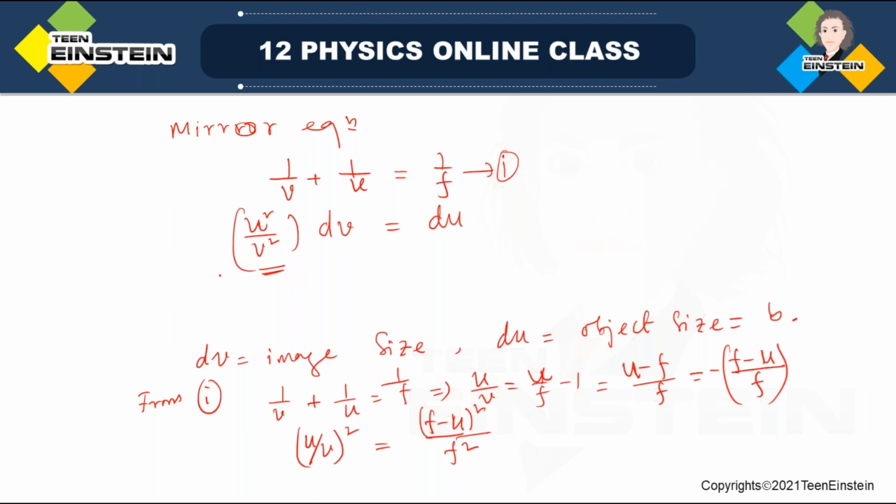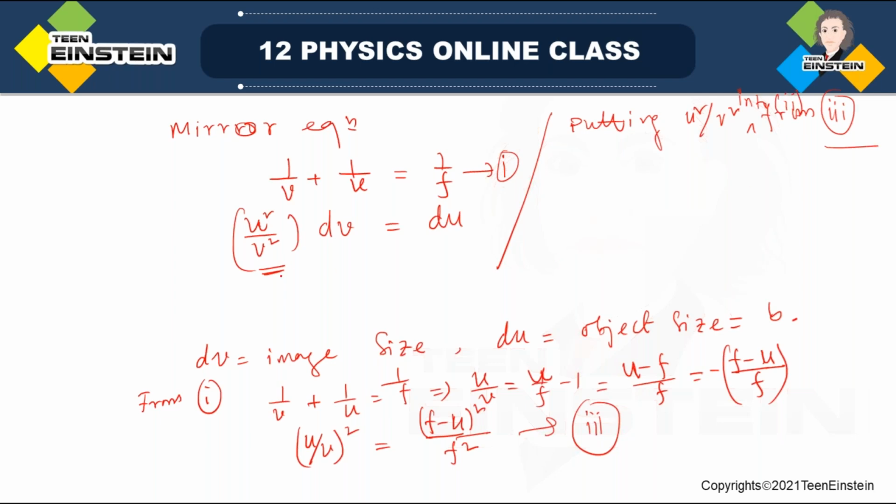We will just put it, suppose this equation is 3, putting this from 3 into equation 2.